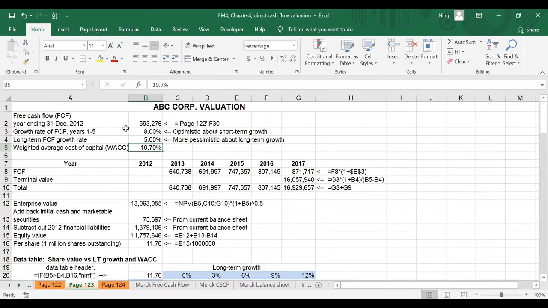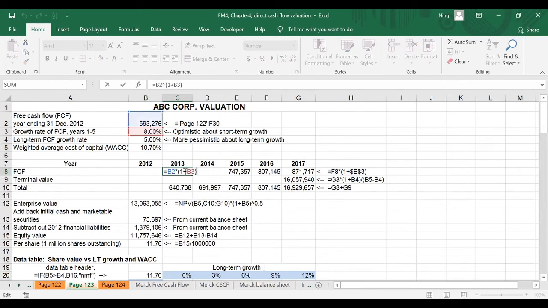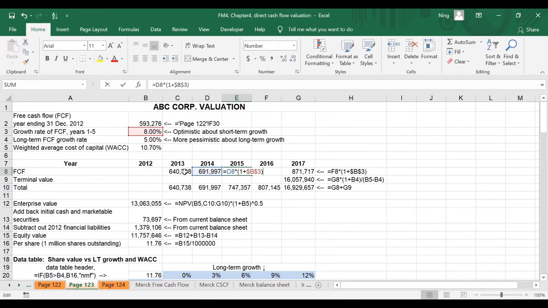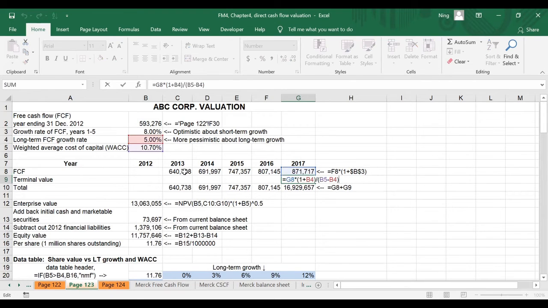Once we have all the assumptions, we can start to project out all the future free cash flows, as you can see here. All the future cash flows beyond the termination point are captured in the terminal value here. We'll explain how to compute terminal value later in the course as well.